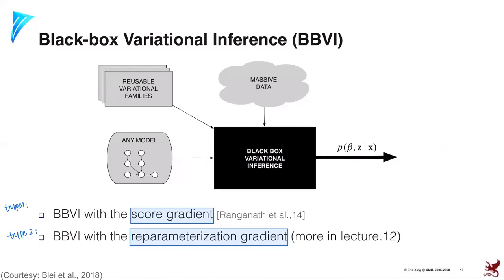I think a lot of us are not unfamiliar with this term. The variational autoencoder will be discussed more in lecture 12, which according to our previous schedule should be discussed in the next reading group. So for today, we will focus on BBVI with the score gradient.